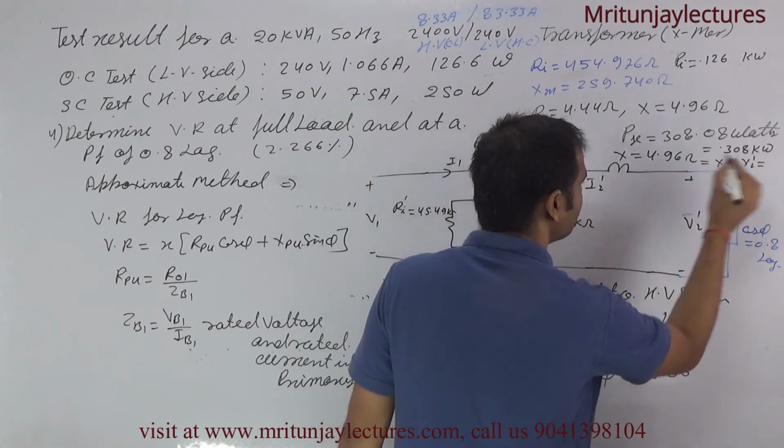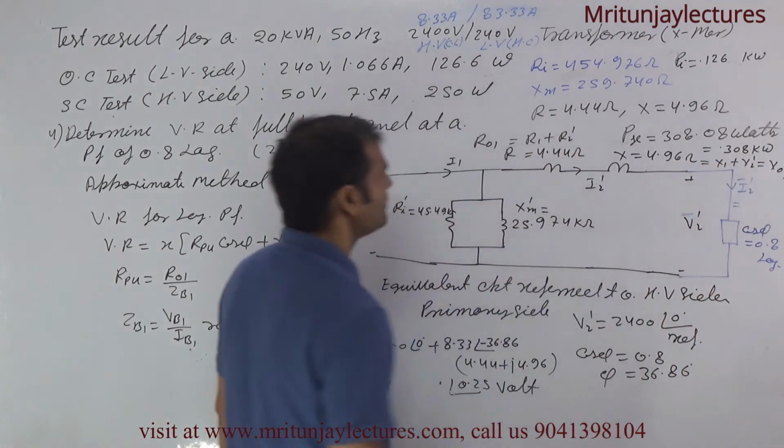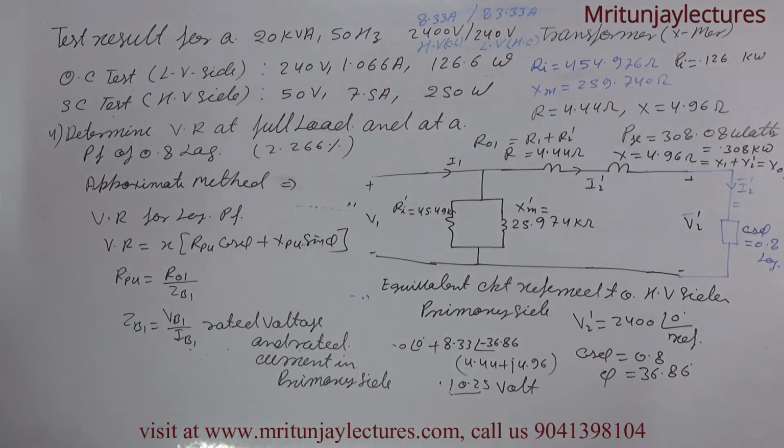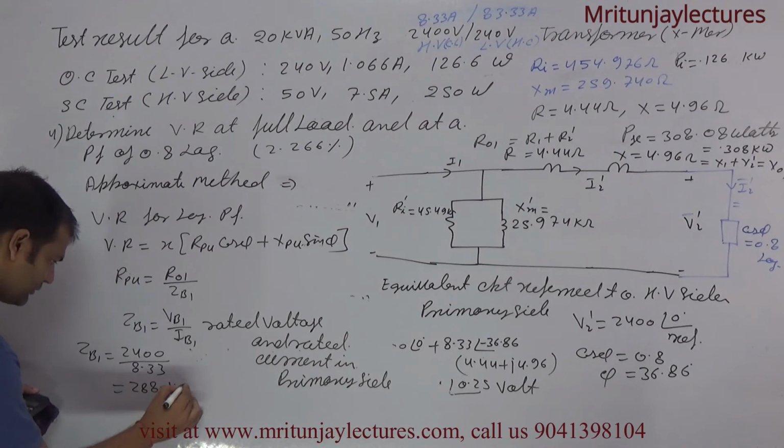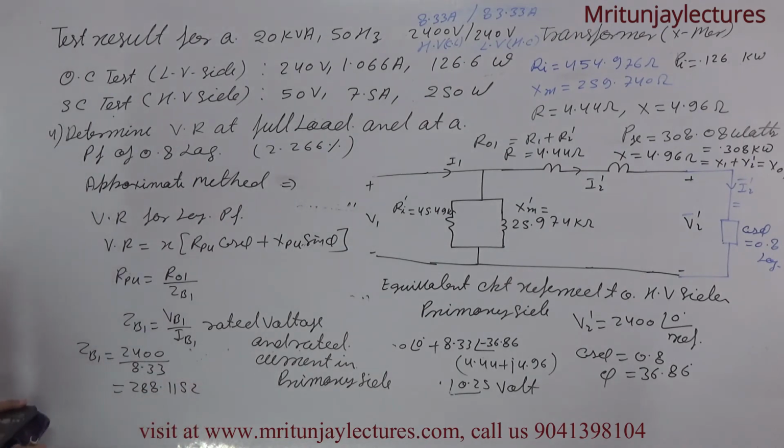ZB1 is equal to VB1 divided by IB1, that is 2400 divided by 8.33, which is 288.1152.